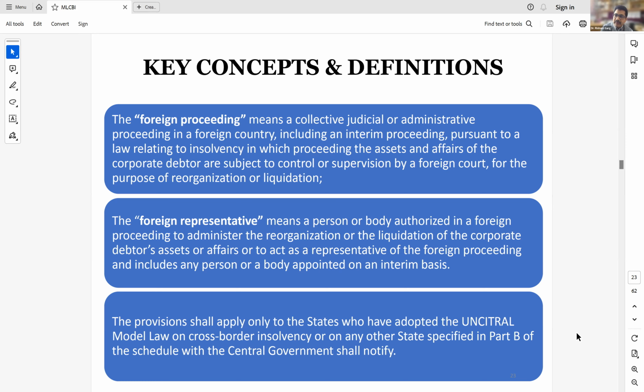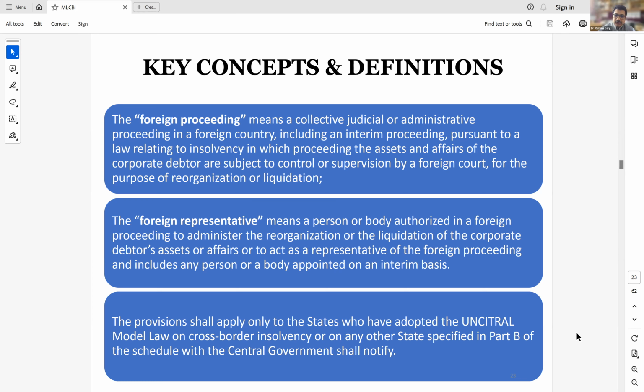In some countries like the US, there are bankruptcy courts, so all insolvency actions must be filed in those courts. But in some other countries, even some civil courts may be able to entertain actions which may be similar to insolvency.